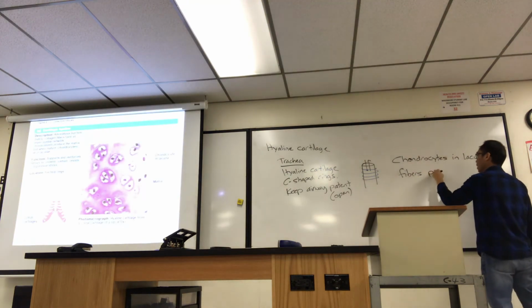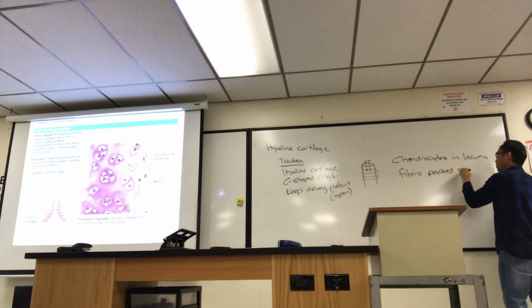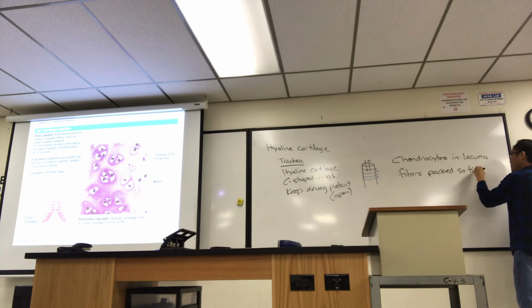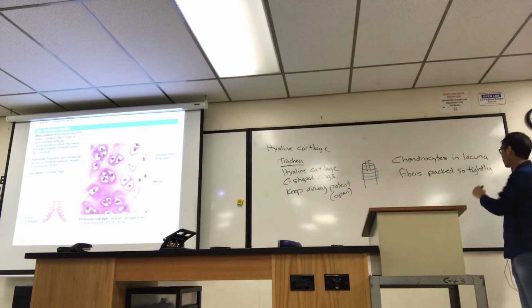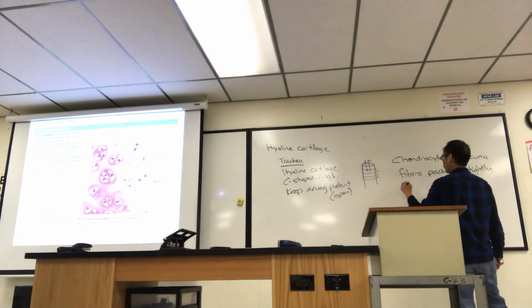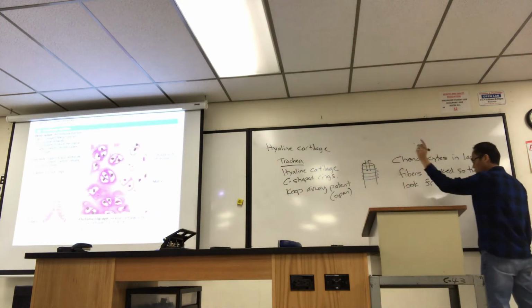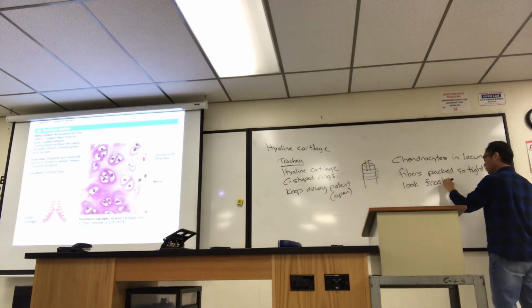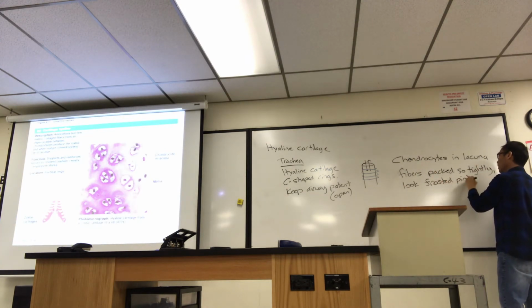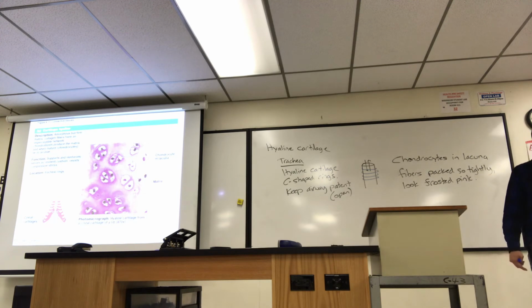Fibers packed so tightly, along with the high water content, they just look, I'll say frosted pink. However you describe that, I always say frosted pink. Looks like there's no fibers, but they're there, they're just all frosted together.